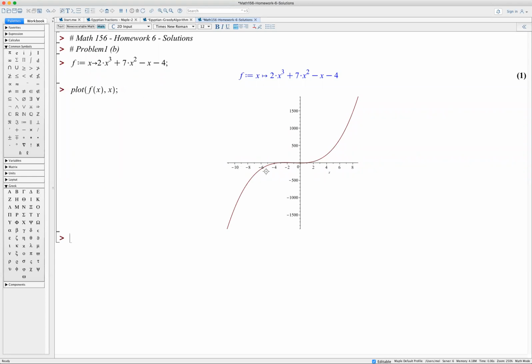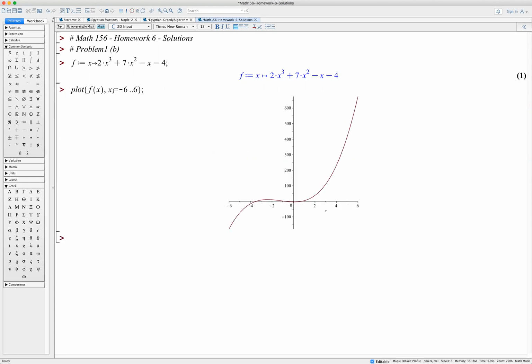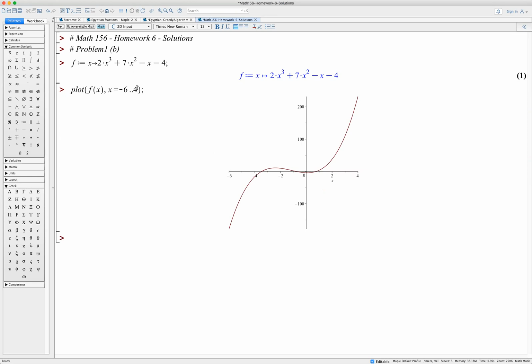And it's not too clear what's going on in this region. Let's just maybe plot it from x going from -6 to 6. Aha. So it goes up, down, up. Maybe better if we do it from -6 to 4. Yeah, that's pretty good. So you can see before you start roughly what the answer is.